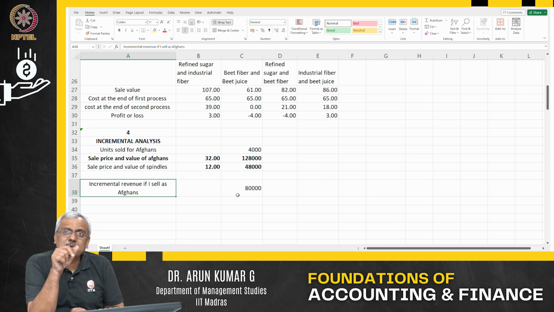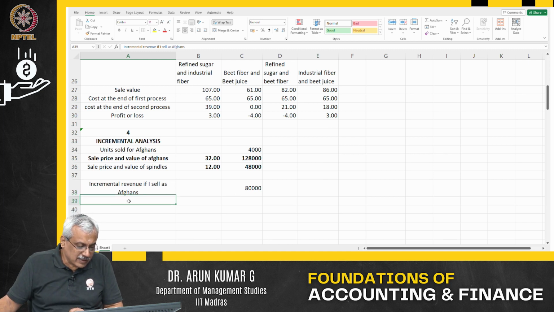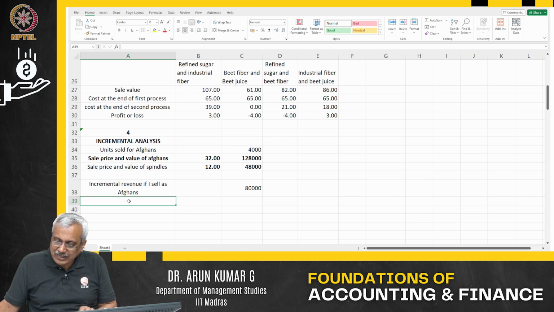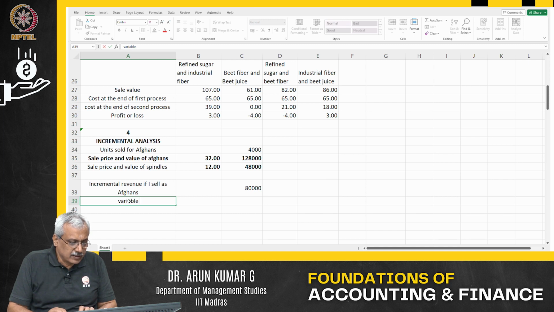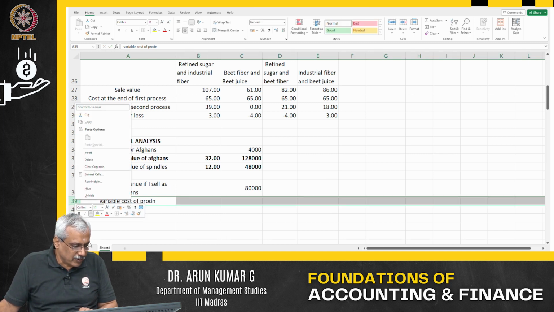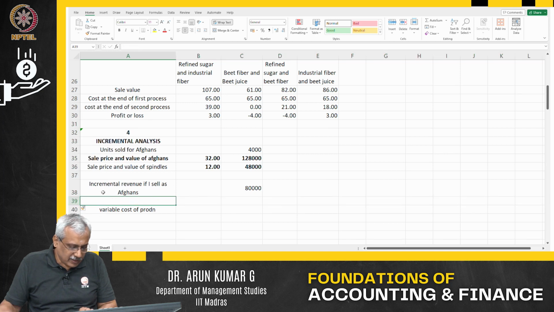What is my cost going to be? Let us look at the incremental cost. Let me insert one more row and write incremental cost.